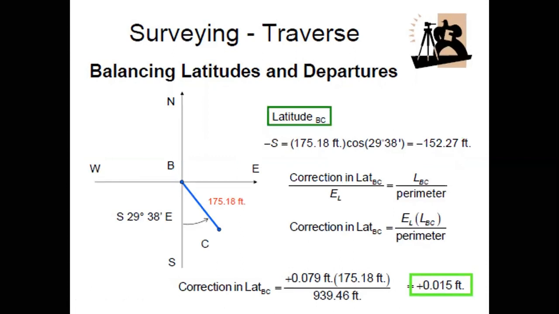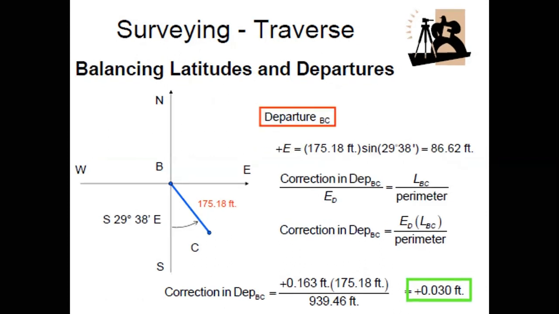Next, consider the second line segment BC. We compute the latitude, which turns out to be negative 152.27. Applying the formula, the total error is positive 0.079 times the length over the perimeter, which gives us positive 0.015. For the departure along the east-west direction, this time it is positive from B to C. We're after this component, which gives a value of 86.62.